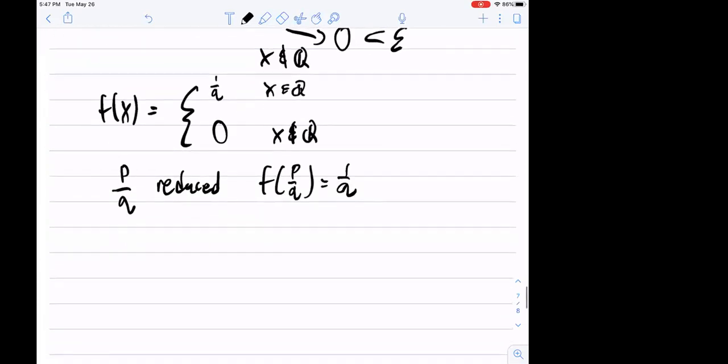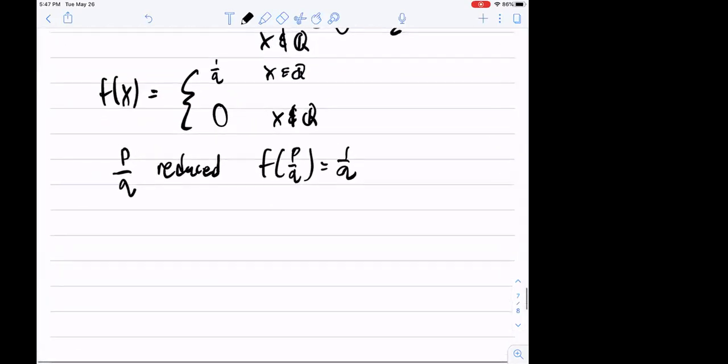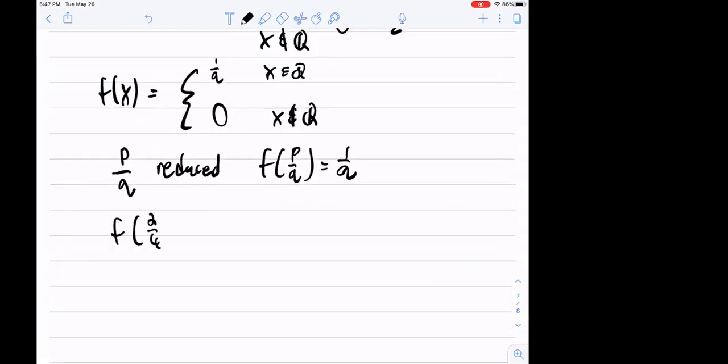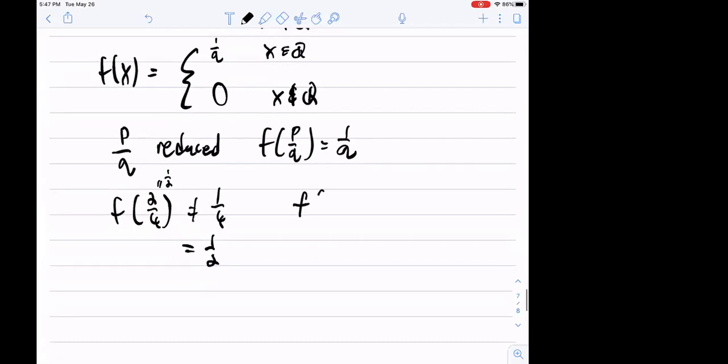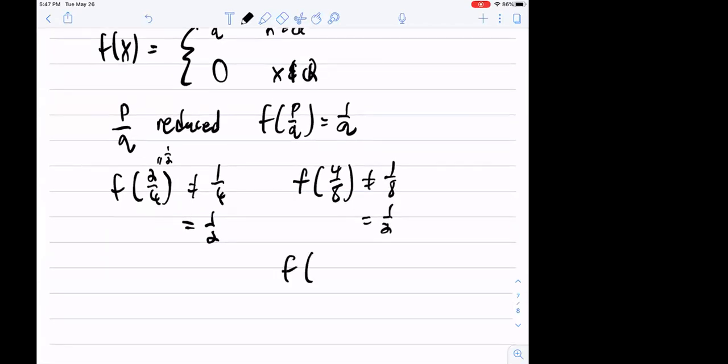By reduced, I mean that a priori we don't allow this: it's not 1 over 4, it's a half, because you reduce it first, so it's 1 over 2, and then you take 1 over the denominator. So f of 4 over 8 is not 1 over 8, it's a half. f of 2 over 6 is 1/3, and f of 4 over 6 is still 1/3, because you take the denominator.